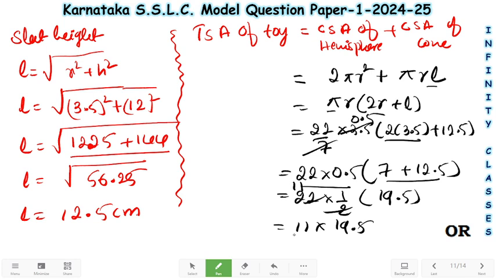So 11 into 19.5 is 214.5 centimeter square. So this is the total surface area of the toy.